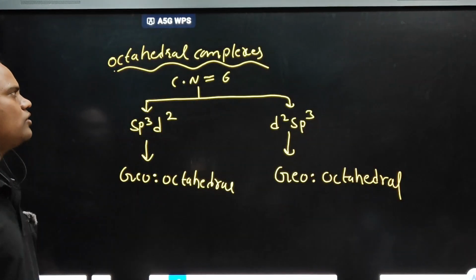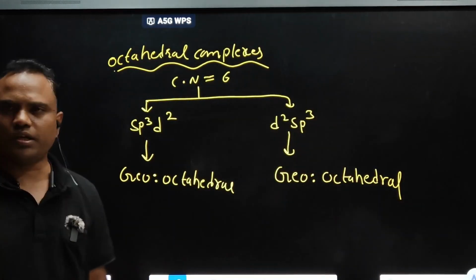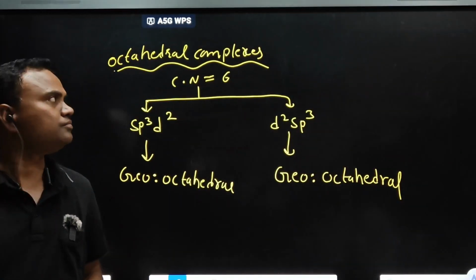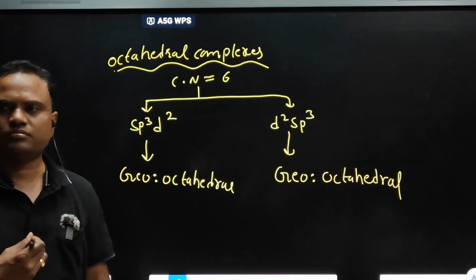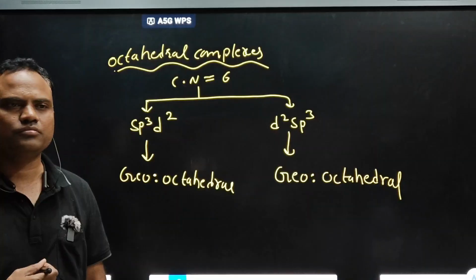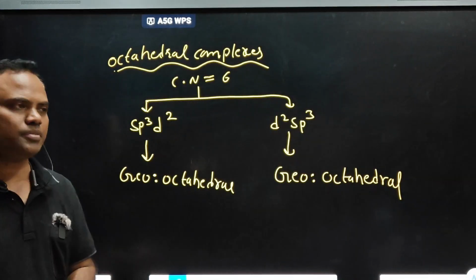For hexa-coordinated, geometry is octahedral. Let us take one example.